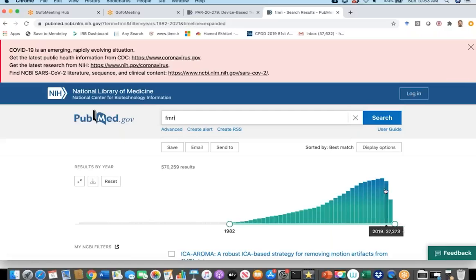You can see a little bit of decline from 2018, 2019, and there are some reasons behind that as well. I'm not going to discuss that right now. But it's quite interesting how the field was growing, and now it's almost at a plateau. People are doing fMRI studies with different intensities.